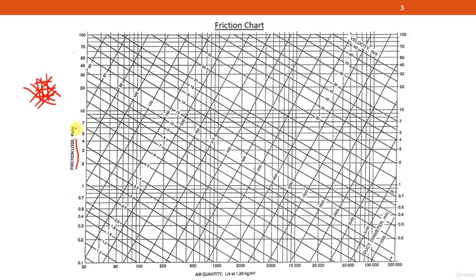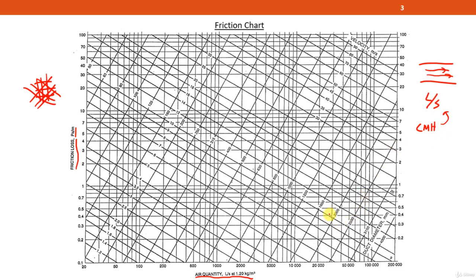which is the term that we have just discussed, in Pascal per meter. And the horizontal axis over here is the air quantity. Air quantity is the volume of air that the particular air duct section is carrying. The unit used is liter per second, and the other commonly used unit is cmh, that means cubic meter per hour, and you can do the conversion easily.